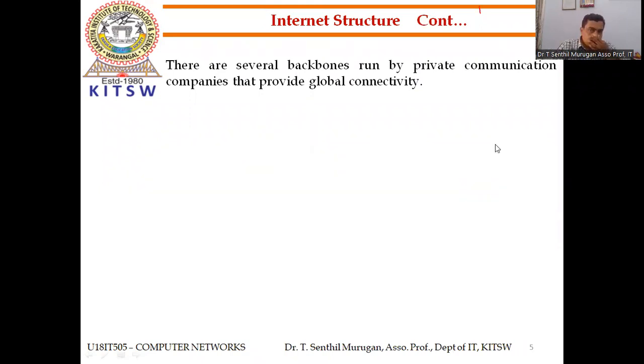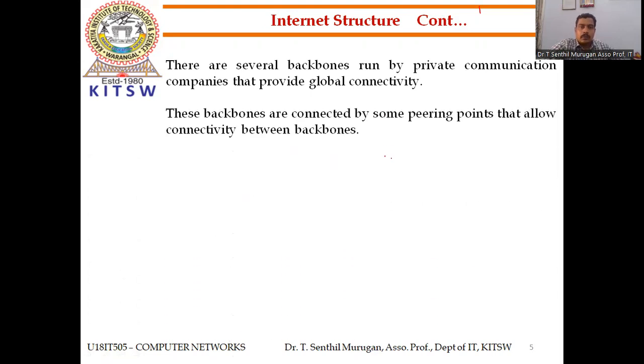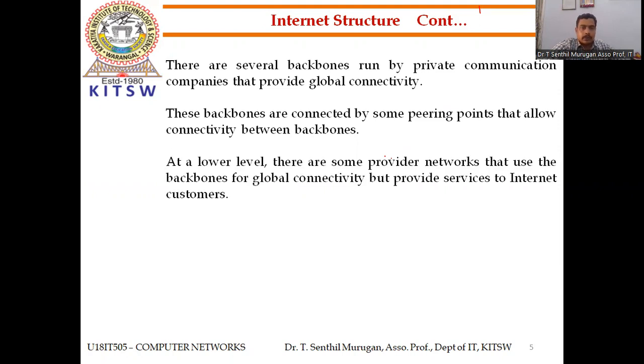There are several backbones run by private communication companies that provide global connectivity. These backbones are connected by peering points that allow connectivity between the backbones. That is shown in the figure.